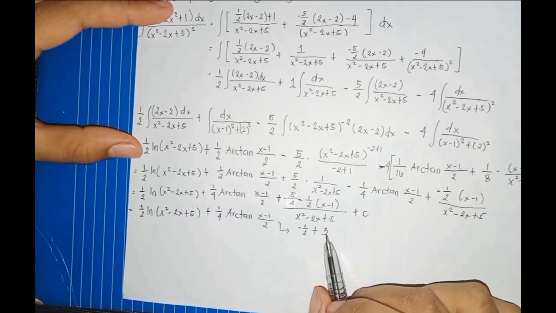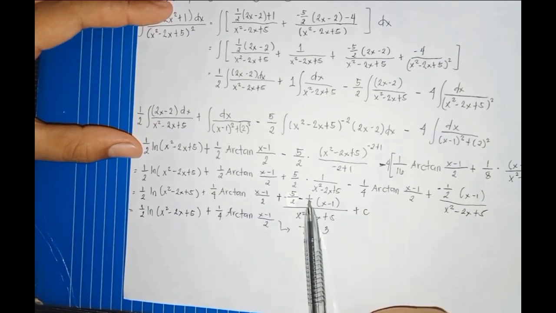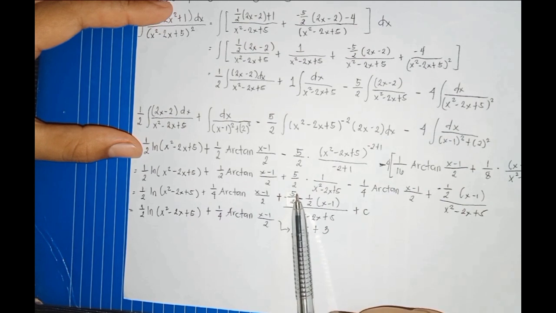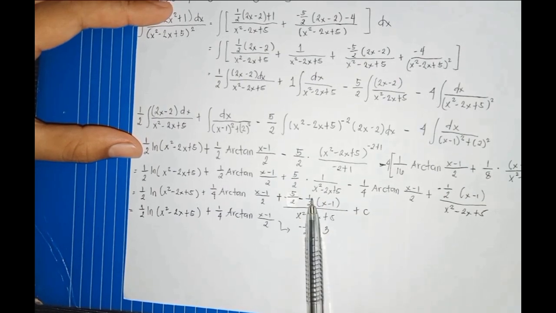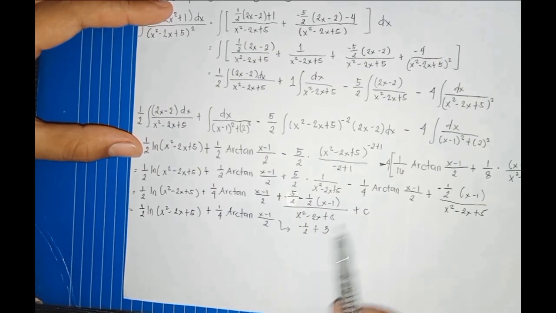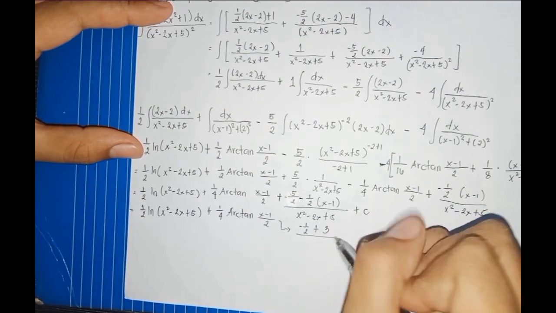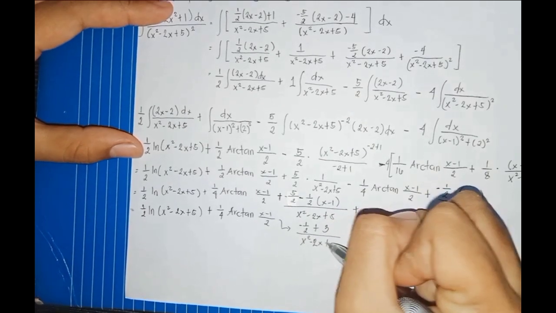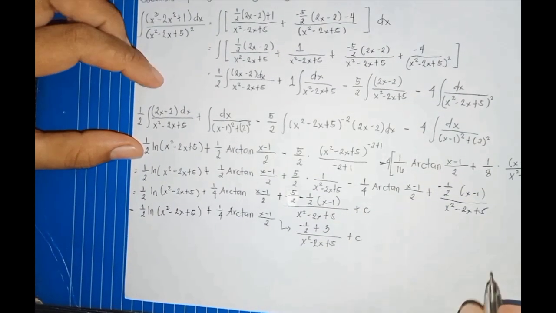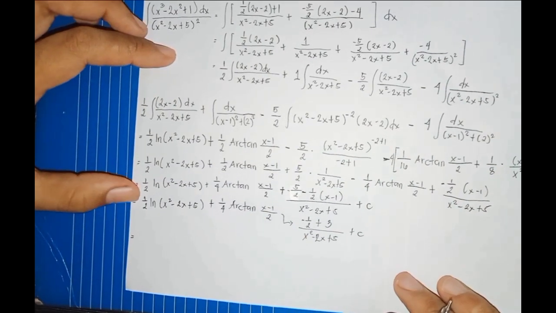Where did the 3 come from? We have here positive 1/2 here. So 5/2 if we add it to 1/2 it will become 3. So we just copy the negative 1/2 here, and then all over the denominator x squared minus 2x plus 5 plus c.